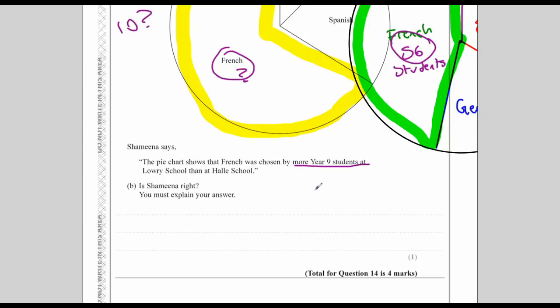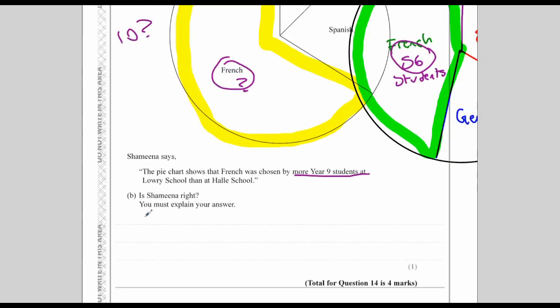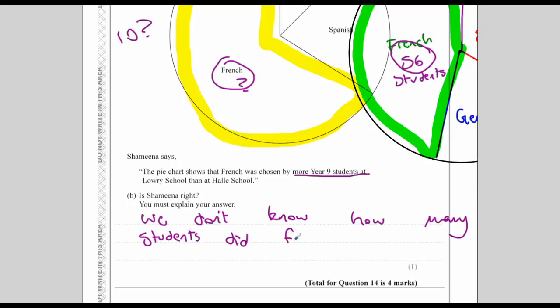More Year 9 students. So we can say we don't know how many students did French at Lowry.